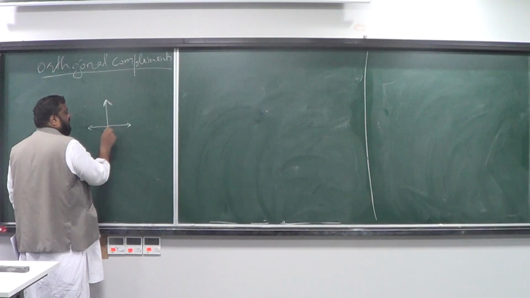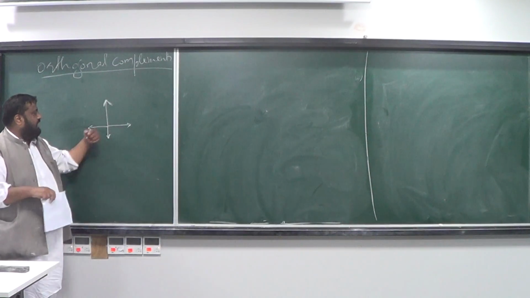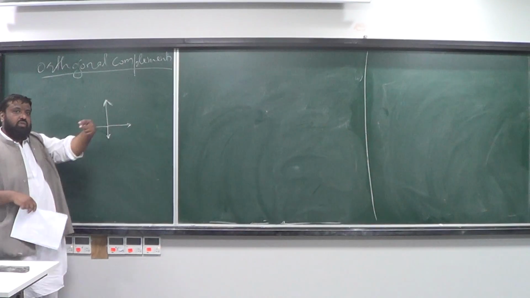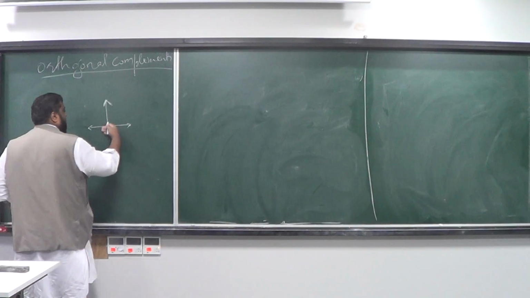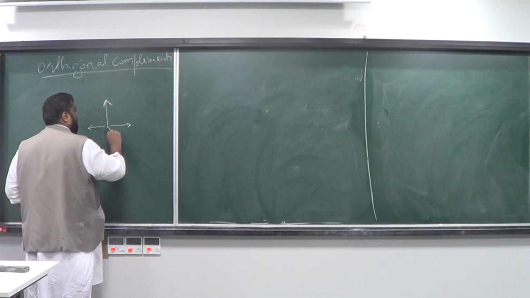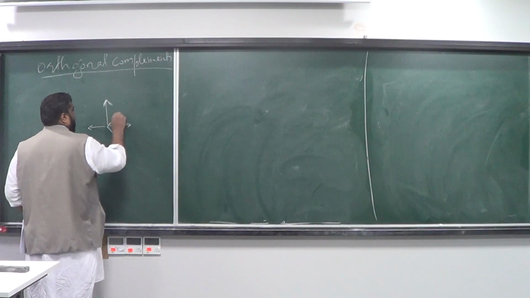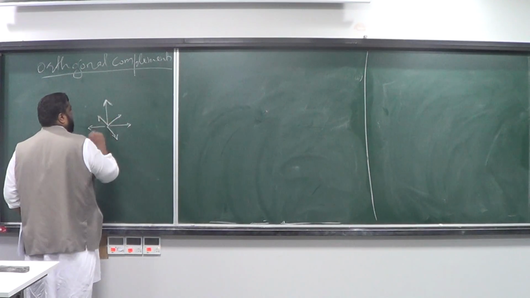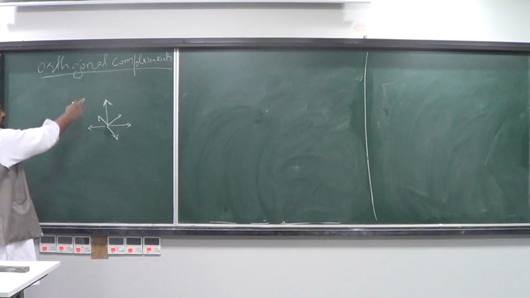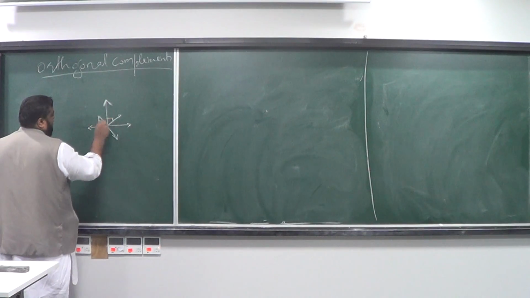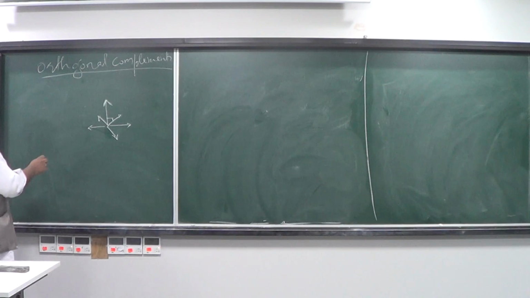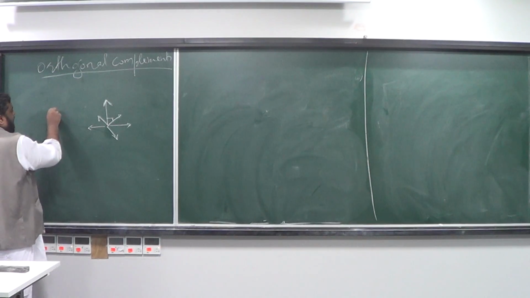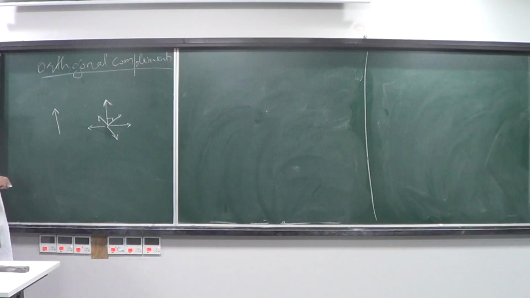So this vector is kind of pointing outwards actually. And so you can have a lot of vectors that are perpendicular to this given vector actually.